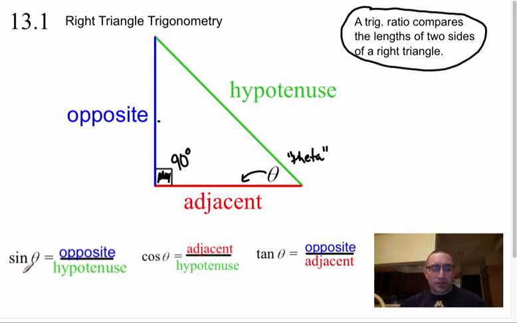Our first trig function is the sine function. Not sin, but the sine function. That function can be used in the calculation whenever you are taking the ratio of the opposite over the hypotenuse. The sine of theta is the opposite length over the hypotenuse.